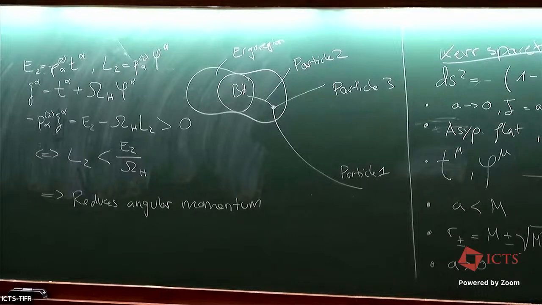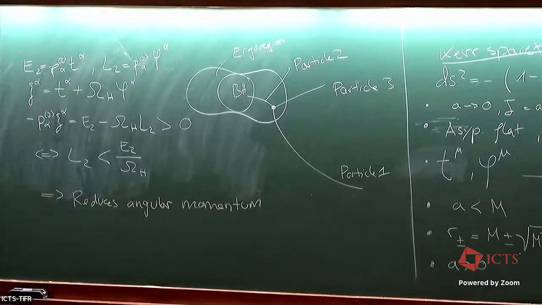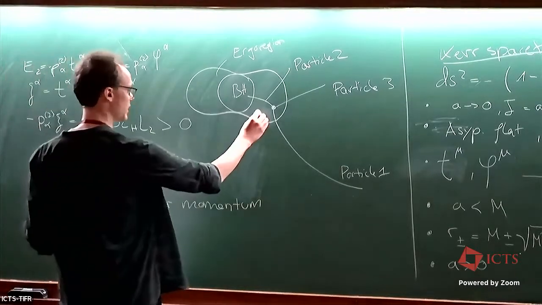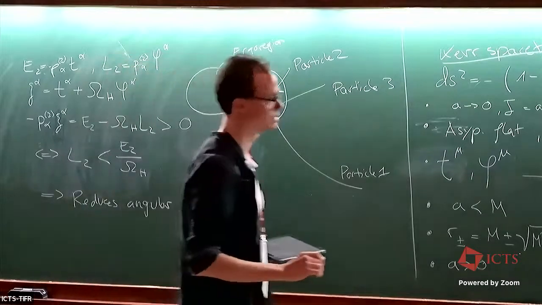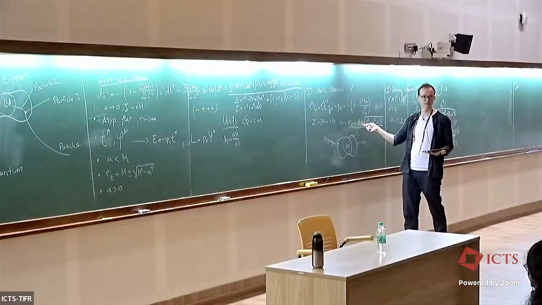And so in that sense, the Penrose process, by which we can extract rotational energy from the black hole, is self-regulating, because the more you do it, the more the black hole will lose angular momentum. And because this process depends on the presence of the Ergoregion, and the Ergoregion is defined by this formula, if A goes to 0, the Ergoregion disappears.